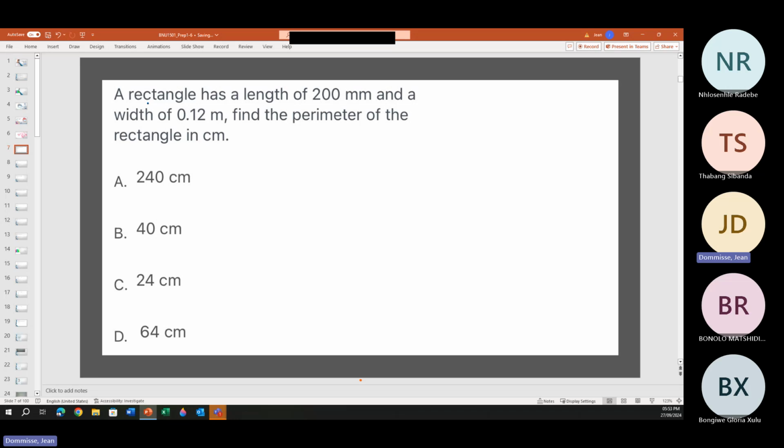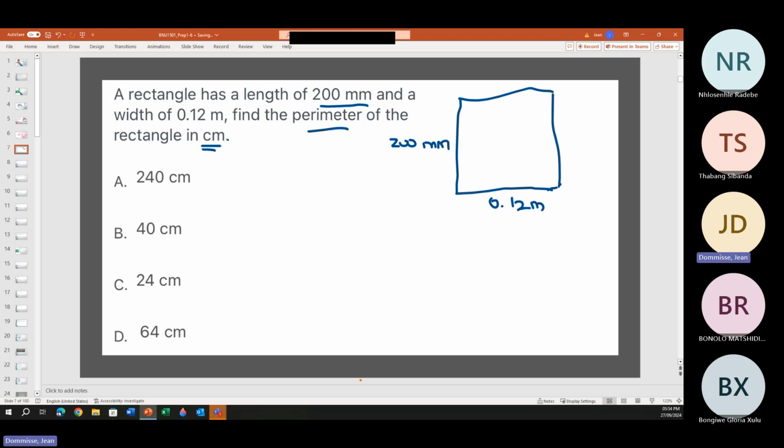So they tell us a rectangle has a length of 200 millimeters and a width of 0.12 meters. And they ask us to find the perimeter in centimeters.